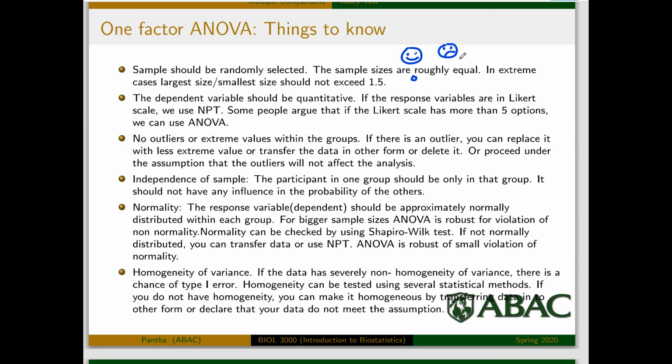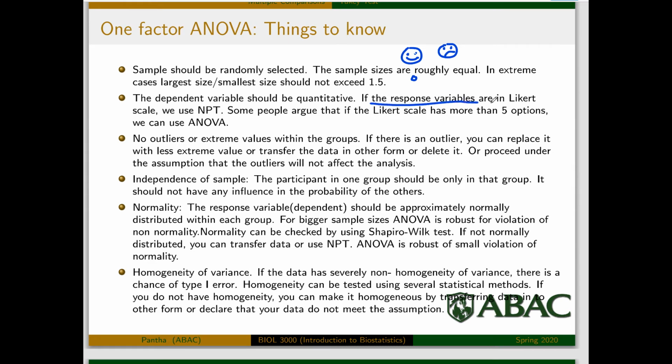So this is the Likert scale. Basically they change the categorical data into numerical, okay? So the pain scale is the Likert scale. You give a number to the extent or degree of the pain. That's called the Likert scale. So the dependent variable should be quantitative.